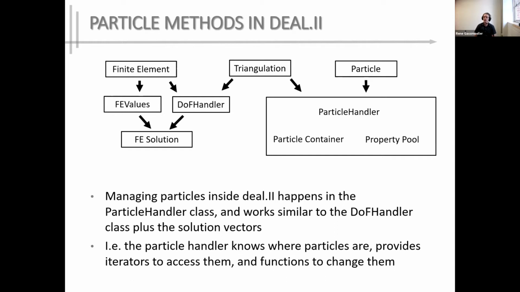So the particles in deal.II are always connected to the triangulation, to the solution domain that you have. And it owns the property pool, which actually stores the data for each particle. There's also a convenience class called particle. If you think of a single particle, you could think of an object of type particle, but that is actually not used inside of the particle handler. The particle handler stores the data in a more efficient way instead of storing many, many particles.